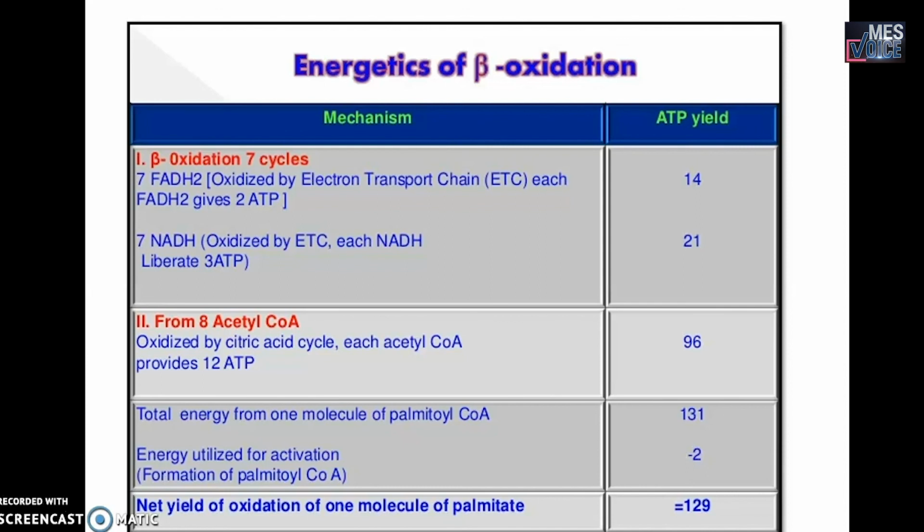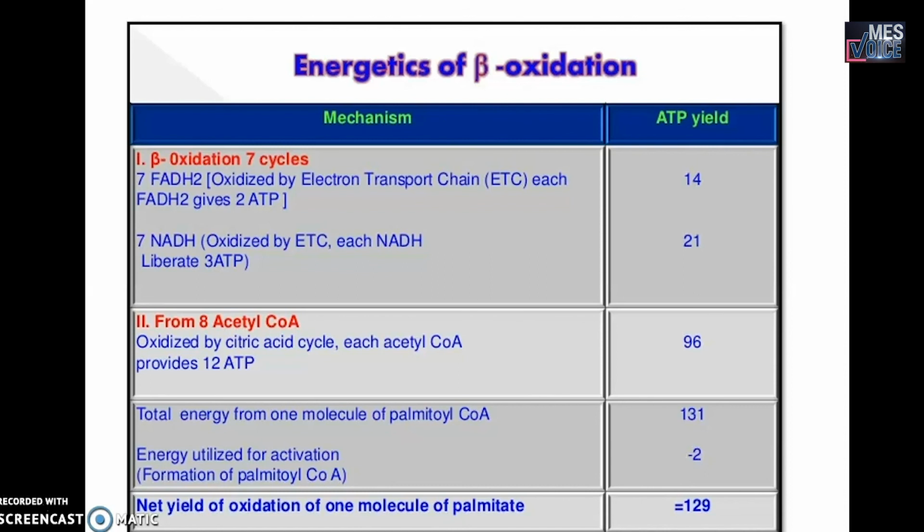Then 8 acetyl-CoA are produced, which enter the citric acid cycle, and each acetyl-CoA provides 12 ATP. So in total 96 ATP can be formed from acetyl-CoA. So total energy produced from one molecule of palmitoyl-CoA is 131.